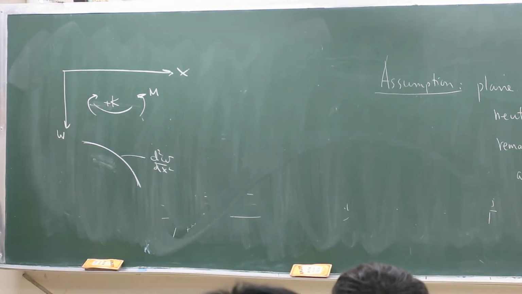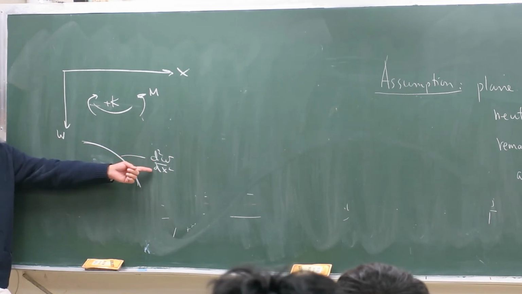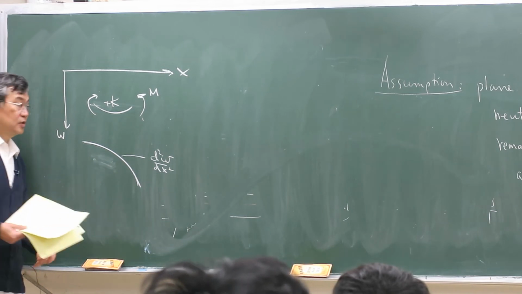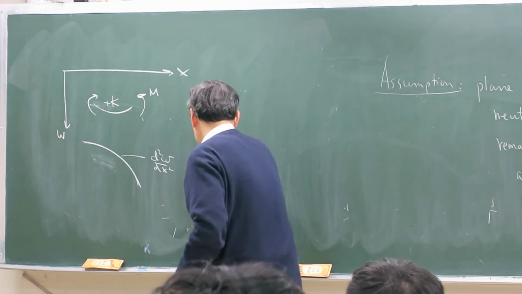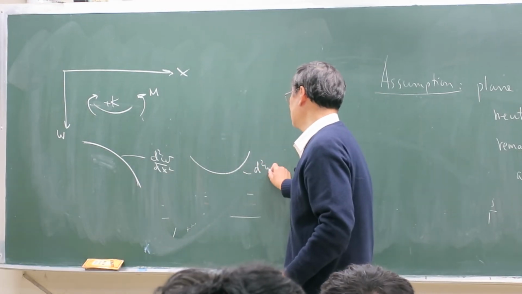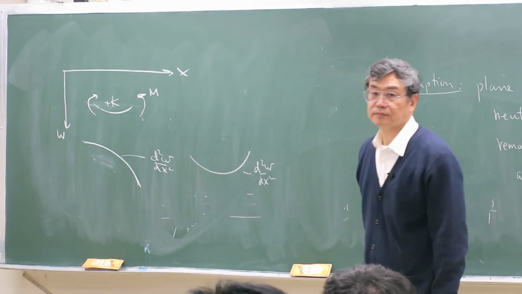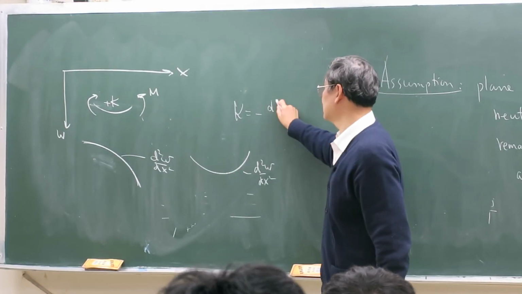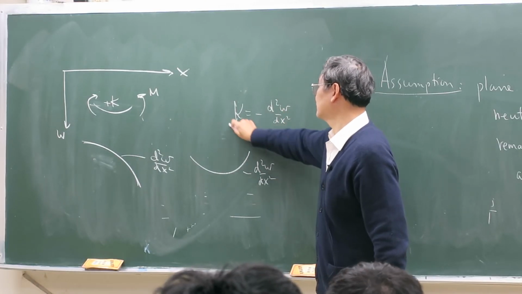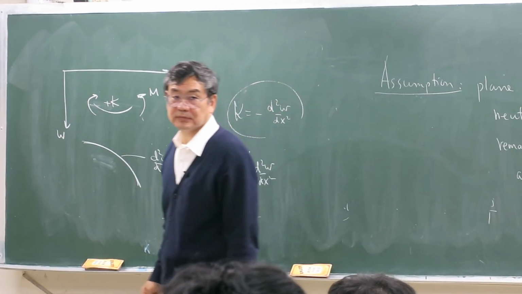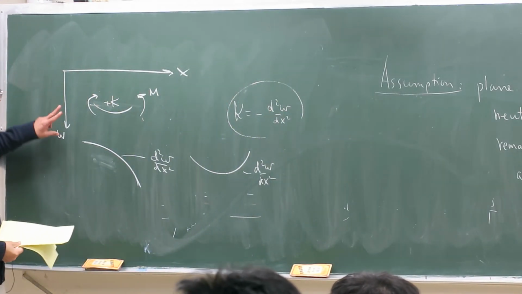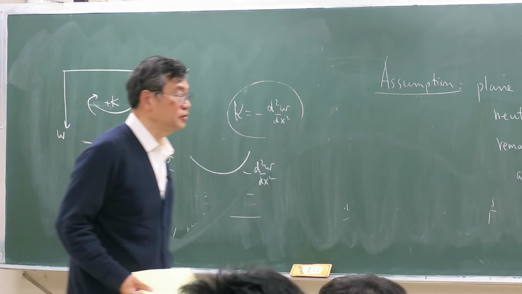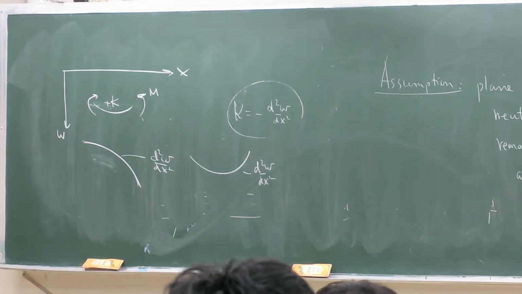For this system, positive d²w/dx² is this shape, so this shape will be minus d²w/dx². That's why we say curvature equals minus d²w/dx². So if some people take w upward, be careful of the system. You should derive from the beginning to double check it.